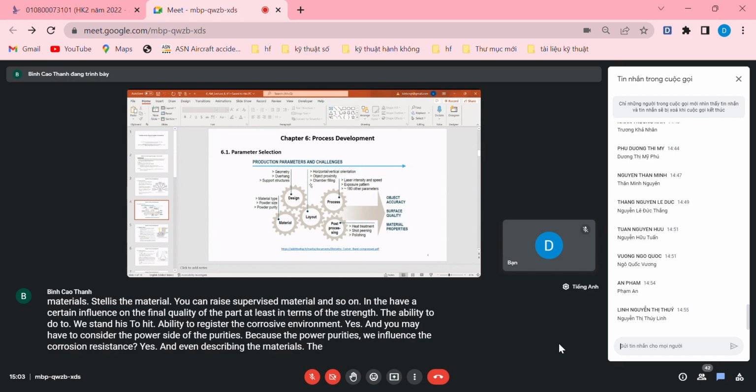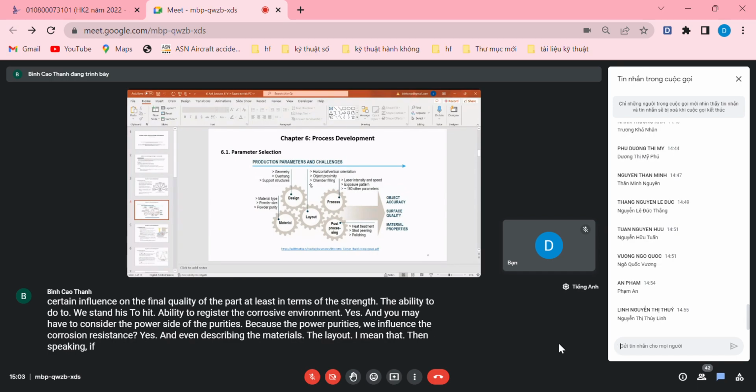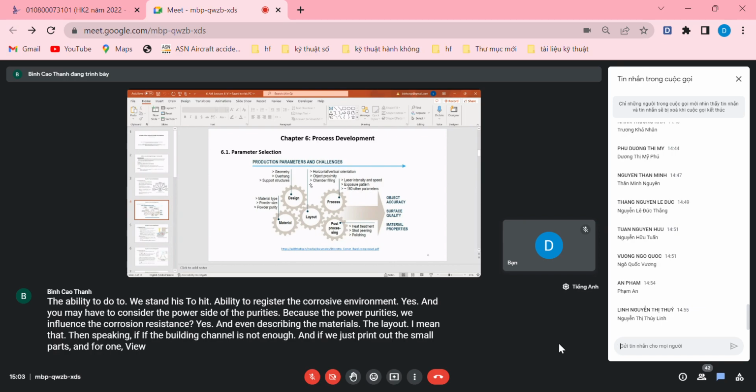The layout means that, generally speaking, if the building chamber is large enough, and if we just print small parts, you can print multiple parts at the same time.